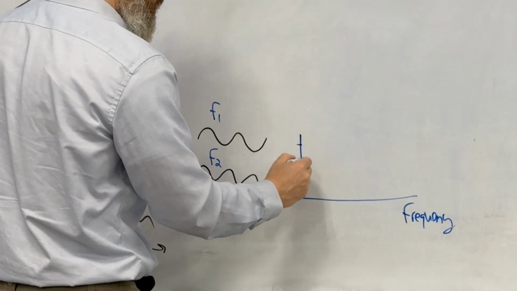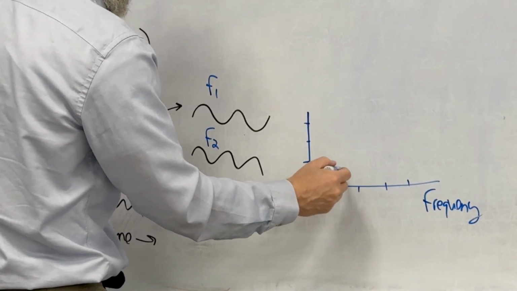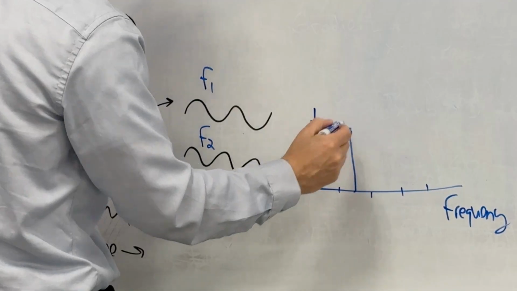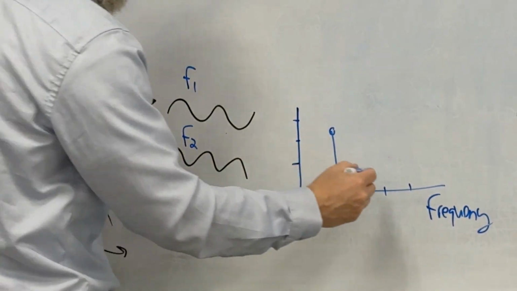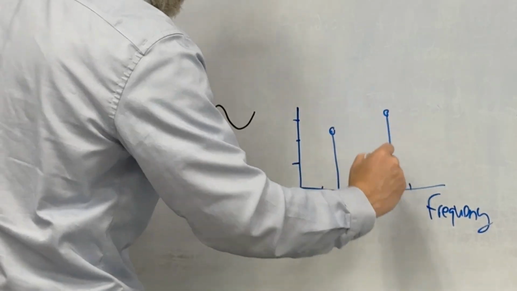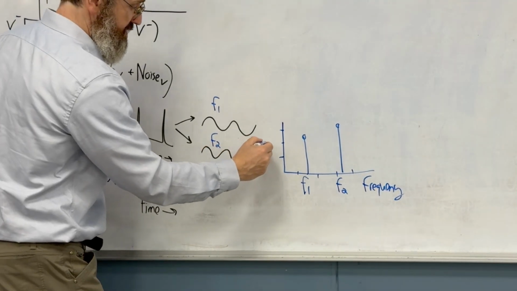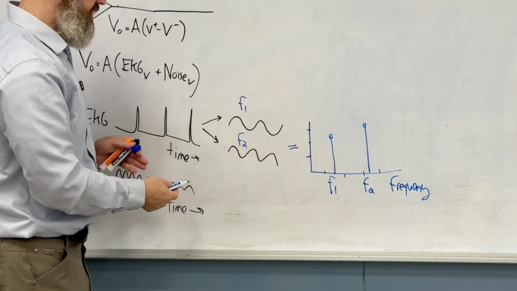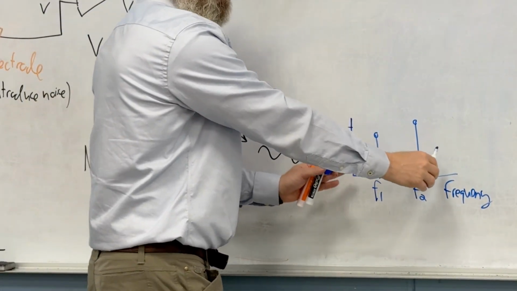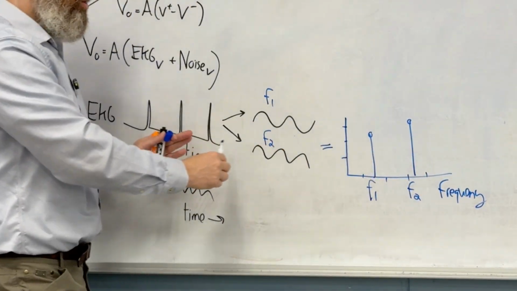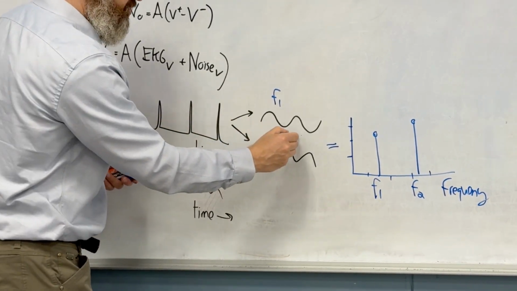This signal is made out of one sinusoid at F1 and another sinusoid at F2. This and this are equivalent: the time domain representation and the frequency domain representation. We know they're related because they both relate to this summation of sinusoids.